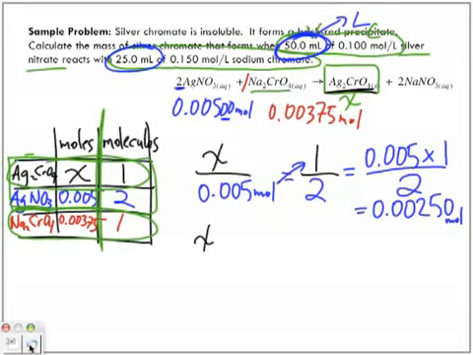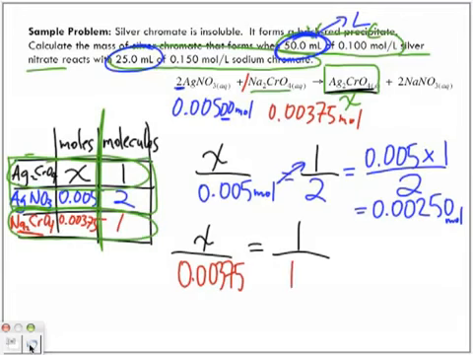Then we're going to do the same thing. X is our unknown, but this time we're comparing that ratio with the sodium chromate. So we've got 0.00375 moles equals 1 over 1. And anytime you have a 1-to-1 ratio, there isn't any work to be done: 0.00375 moles.